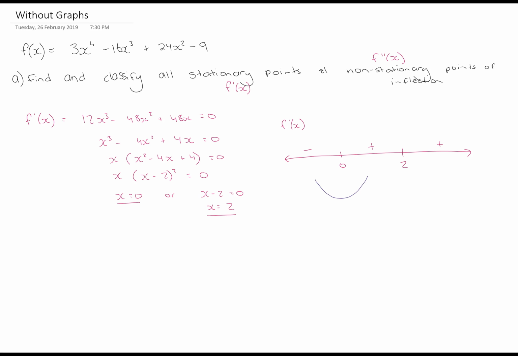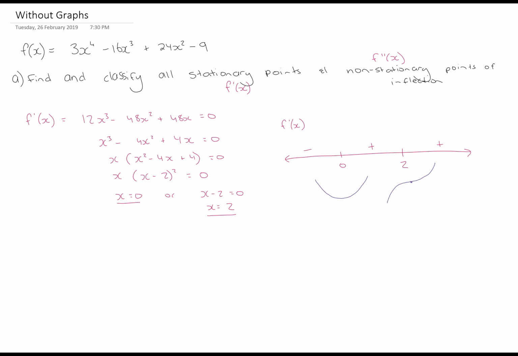And at 2, we have a stationary point of inflection because it's positive and then positive, but it has a flat 0 slope at the point 2. And so I'm thinking the graph looks something like this altogether. Stationary point and the minimum.